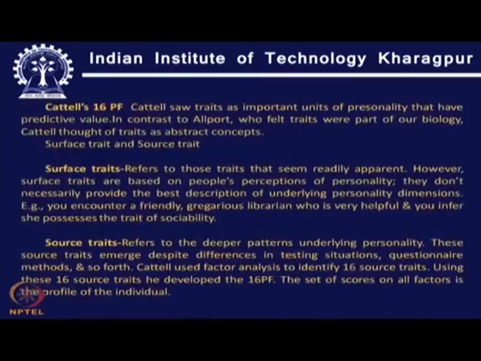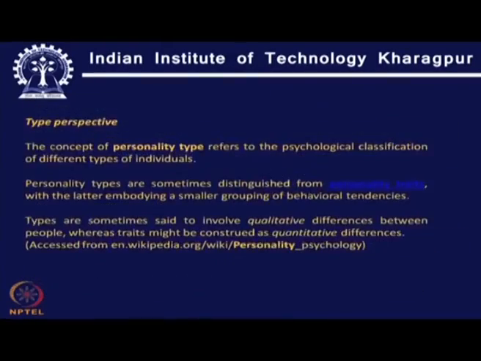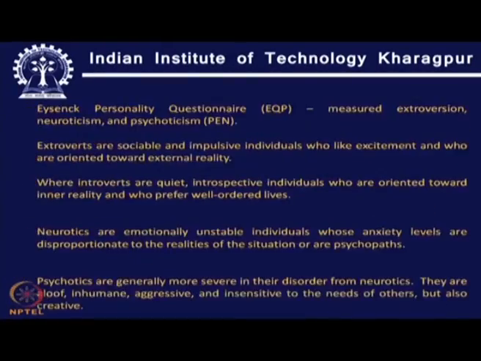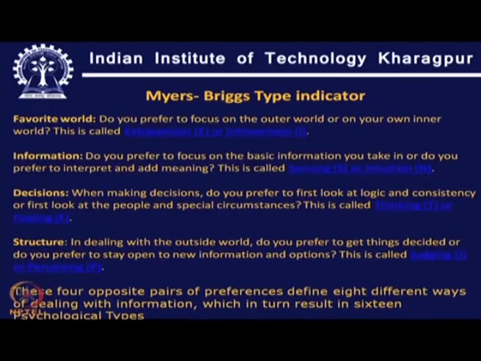So, this is the latest that we are using in the OB scenario to find out the personality indicators, like the 16 different psychological types that have been formed, and we are trying to map them with the job situations.